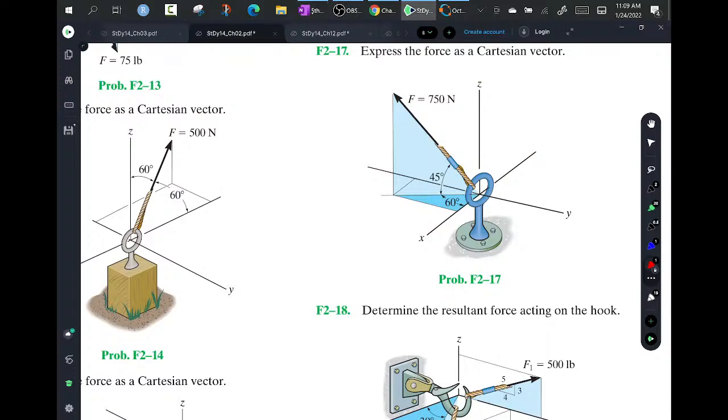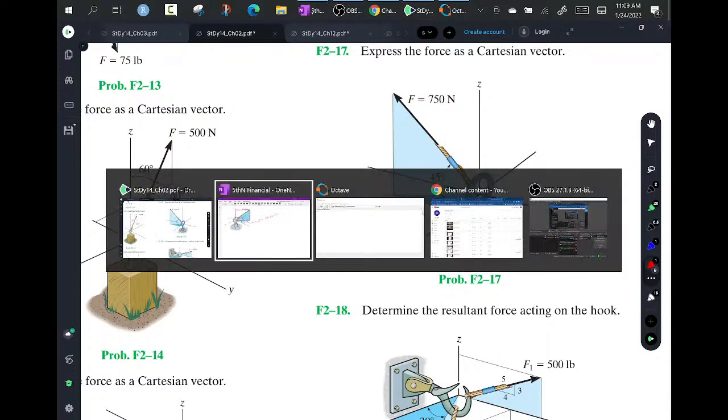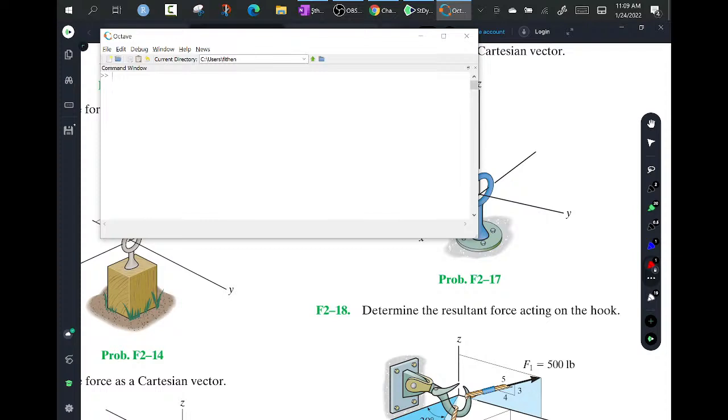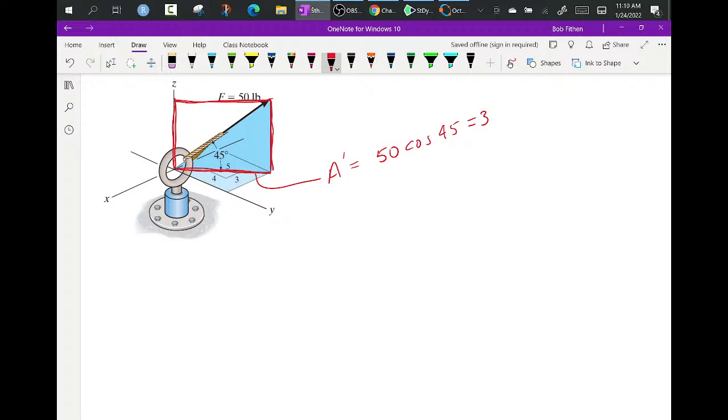So it's 50 times cosine of 45 degrees, which is the same thing as 50 divided by the square root of 2. That's 35.355. So it's 35.355.